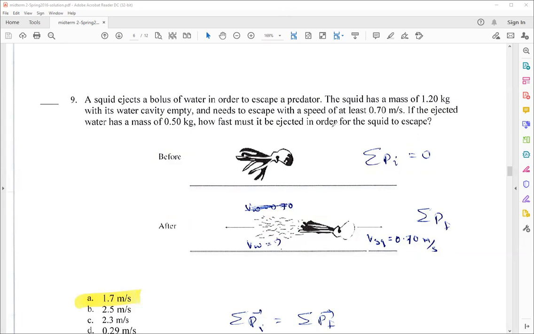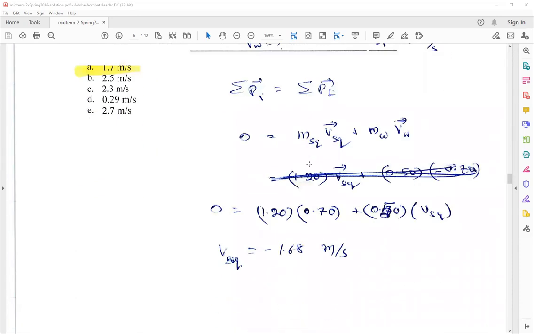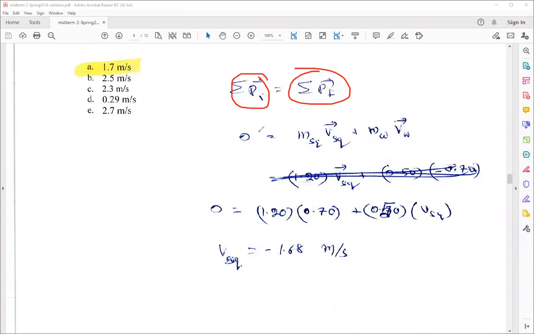Let's have a look. So total linear momentum initial is equal to total linear momentum final. Now initial is 0. We know it because again nothing is moving initially.